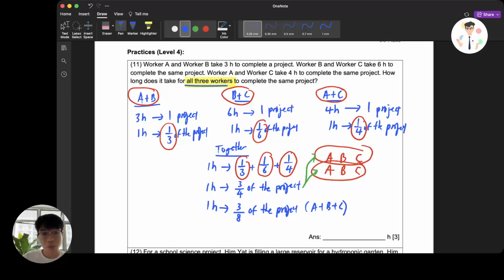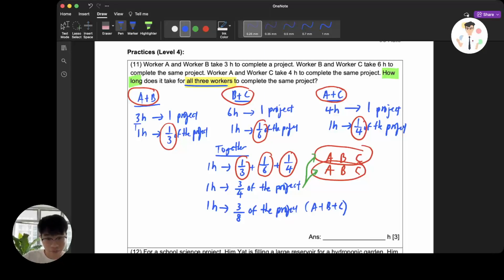Now, from this moment, I know that in 1 hour, A plus B plus C, when they work together, complete only 3 out of 8 of the project. But now the question is asking, how long does it take? It means that I want the time. If they work together, how long does it take to complete? Now, if you notice, 1 hour is 1 out of 3. If you go backwards, one project is 3 over 1. It means that I flip over.